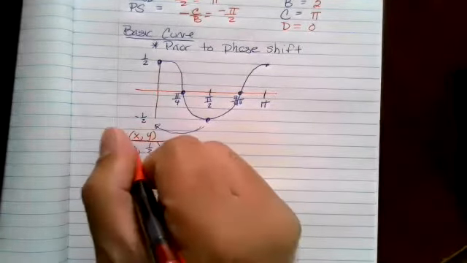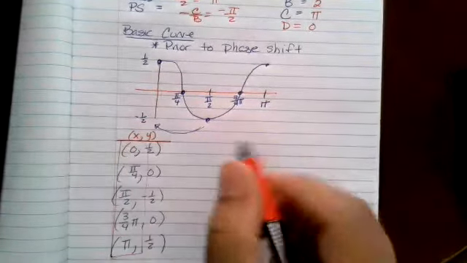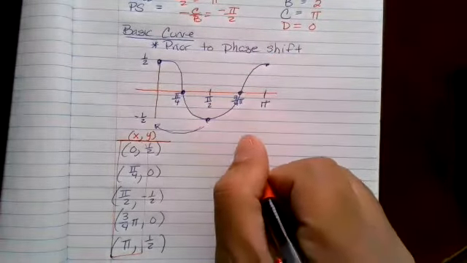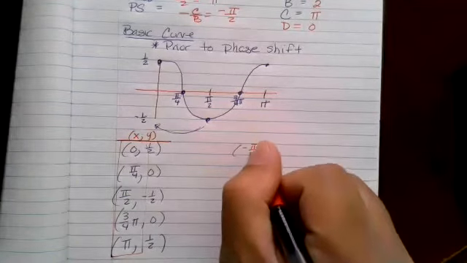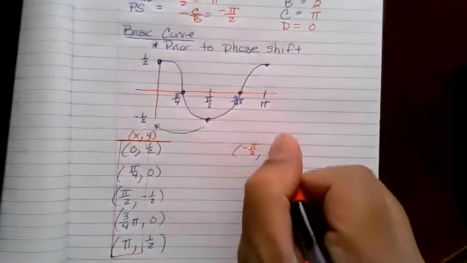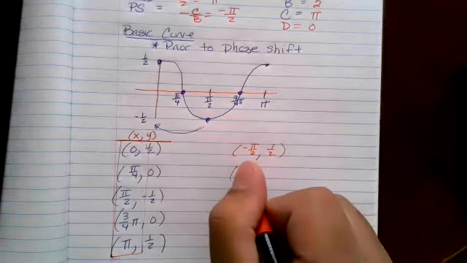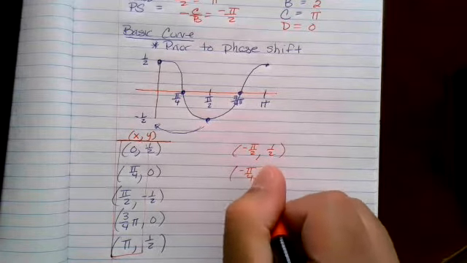Right? These are my x coordinates. I have to subtract 1/2 pi. So my new points are going to be negative 1/2 pi, 1/2. Right? If I take half away from 1/4, I think we're going to have negative 1/4.